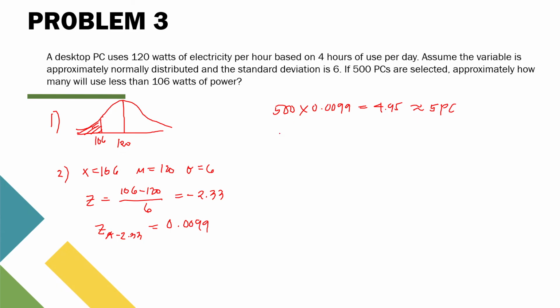So therefore, if we illustrate it back using the z value, this is 0 and this is negative 2.33, less than this one.